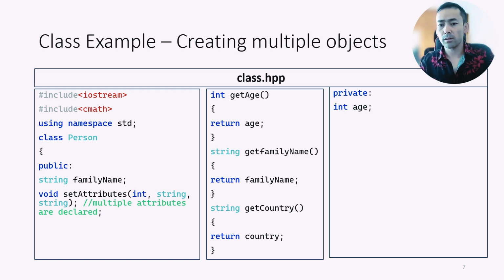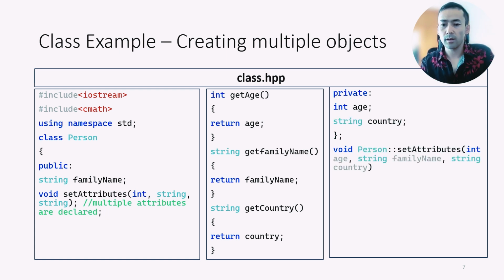In the private, we include age, country, and after declaring the set attributes, we define the set attributes as void, person, and inside the attributes we define integer as age, string family name, and a string country.